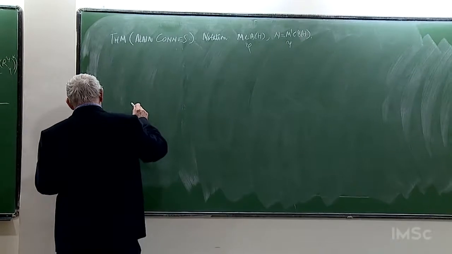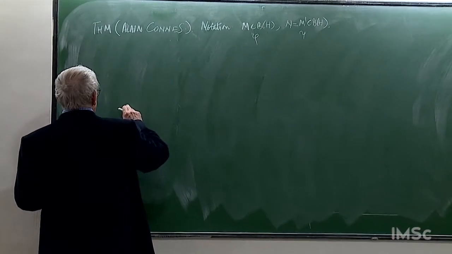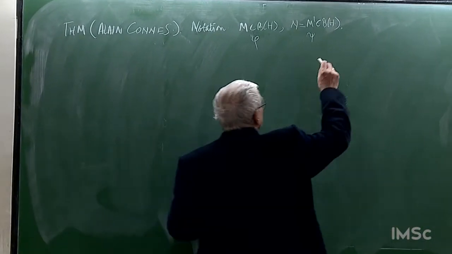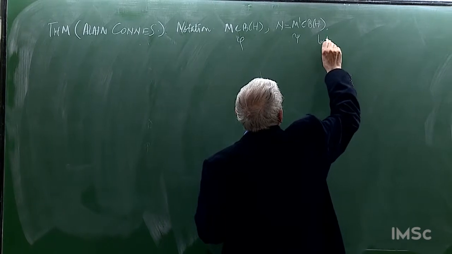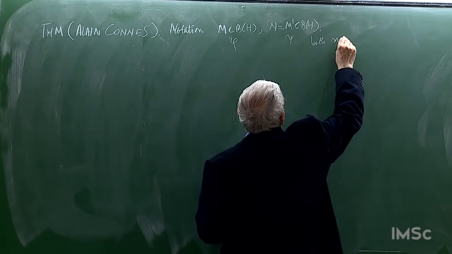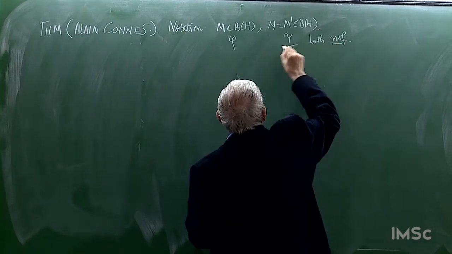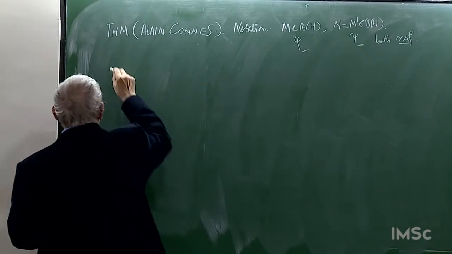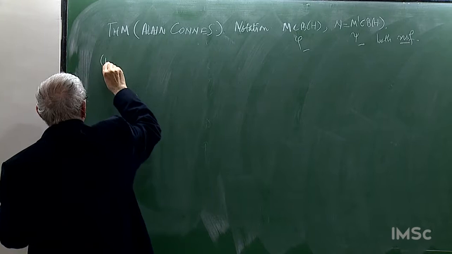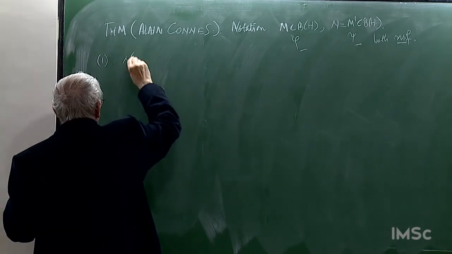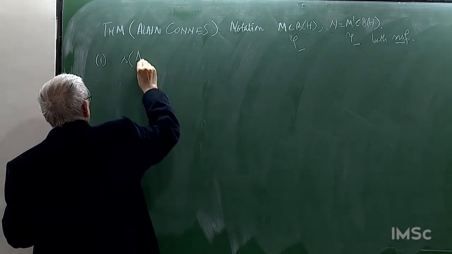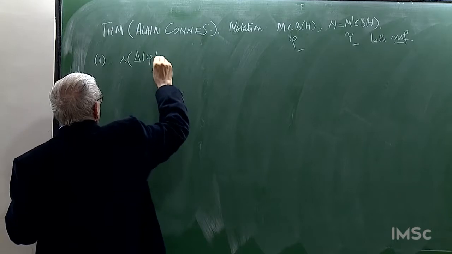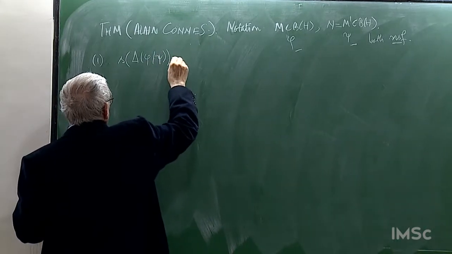So let phi and psi both be NSF. This and this are faithful. And then a first conclusion is that the support of delta phi psi is equal to 1.